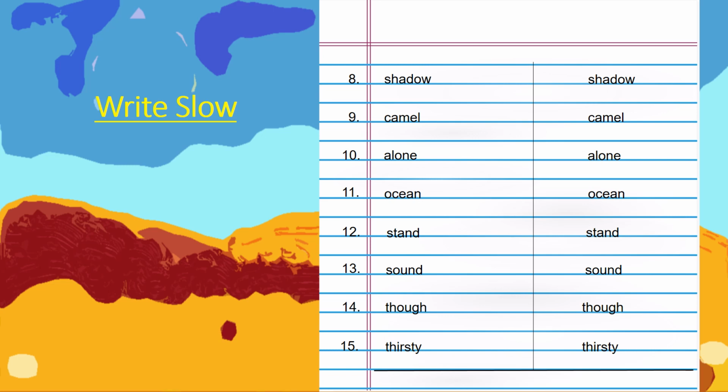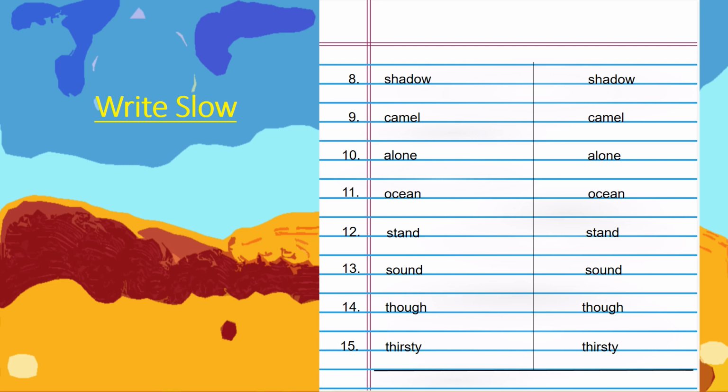And 15th is thirsty. You need to write these new words slowly and carefully with correct spellings. And I am speaking these words so that you can learn the pronunciation of these words also. So these are our 15 words.